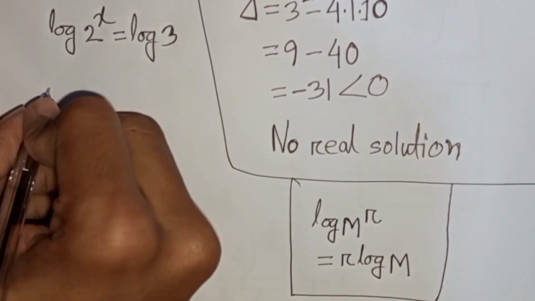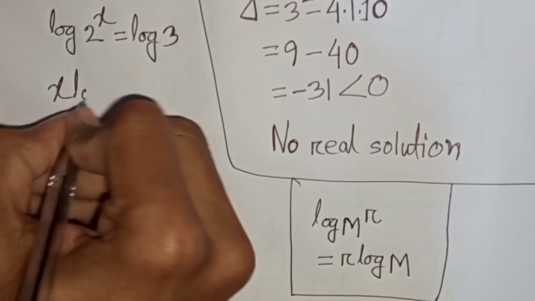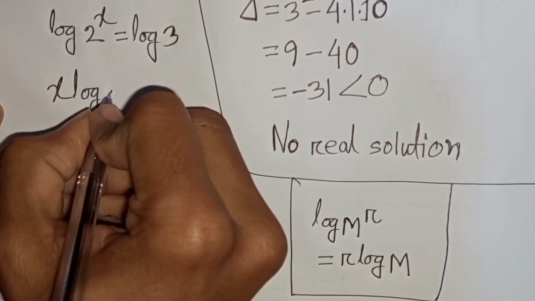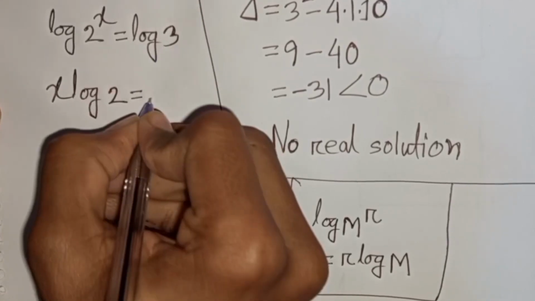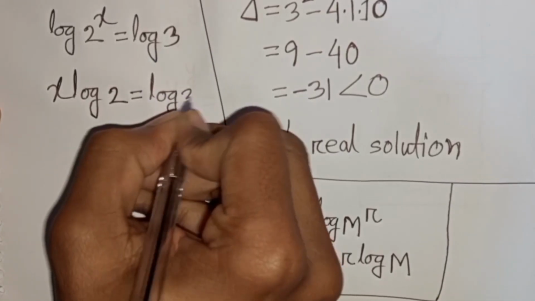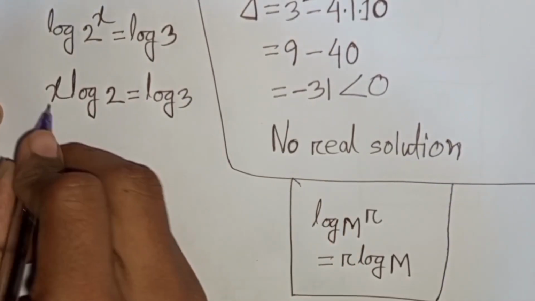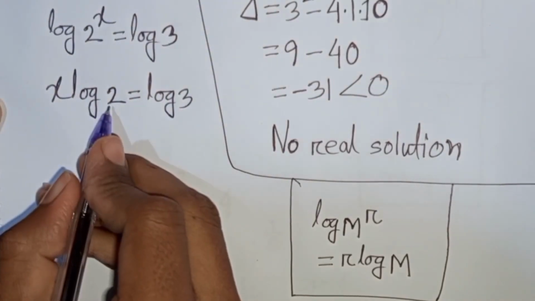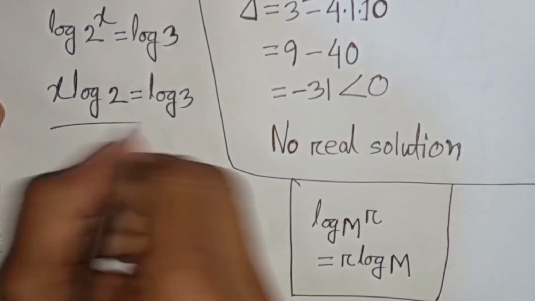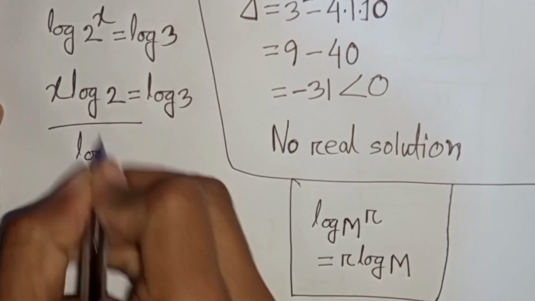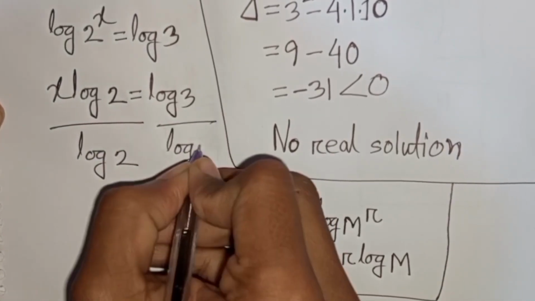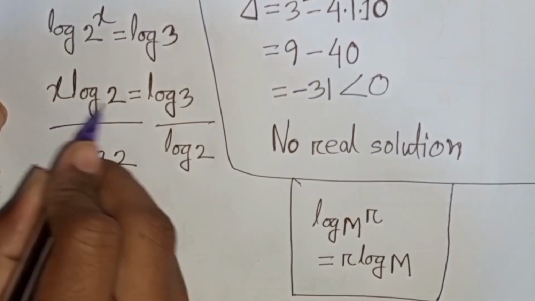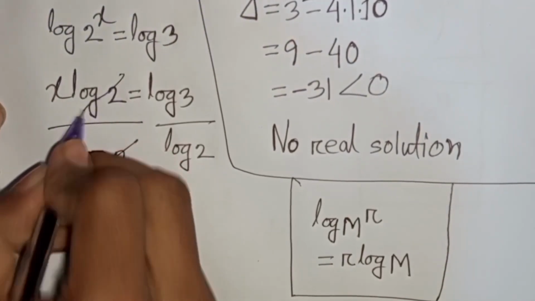So you can write here x log 2 is equal to log 3. Now we need the value of x, so divide by log 2 on both sides. Now we see this log 2 will be cancelled.